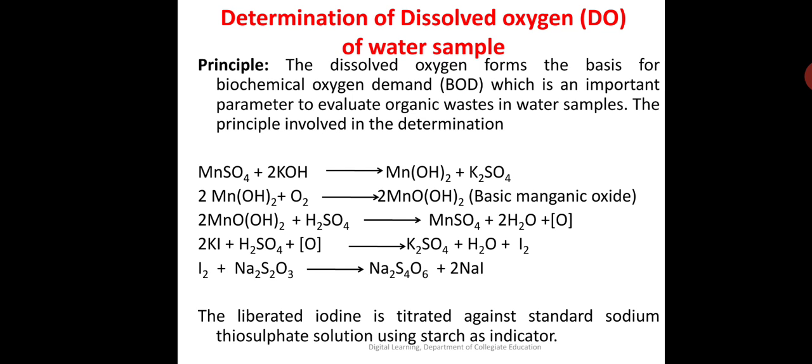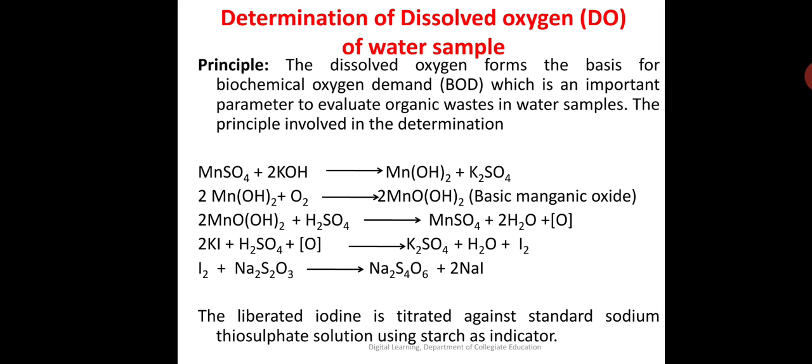In this principle, the chemical reaction taking place is that manganese sulfate reacts with potassium hydroxide or sodium hydroxide to give manganese hydroxide. This manganese hydroxide reacts with oxygen to form basic manganic oxide.